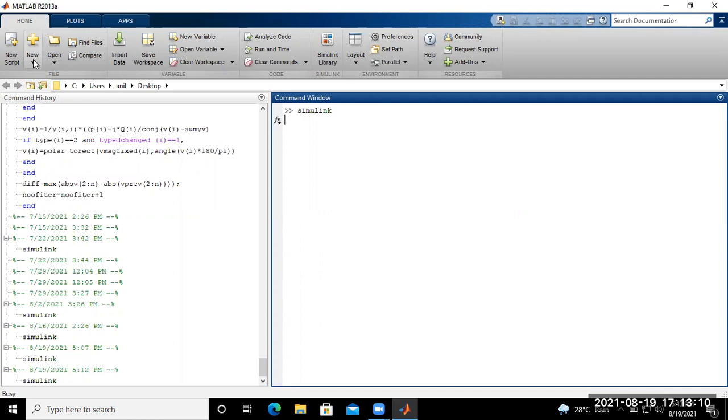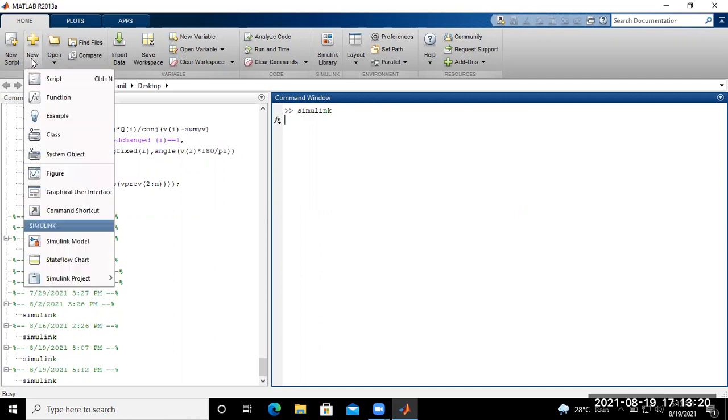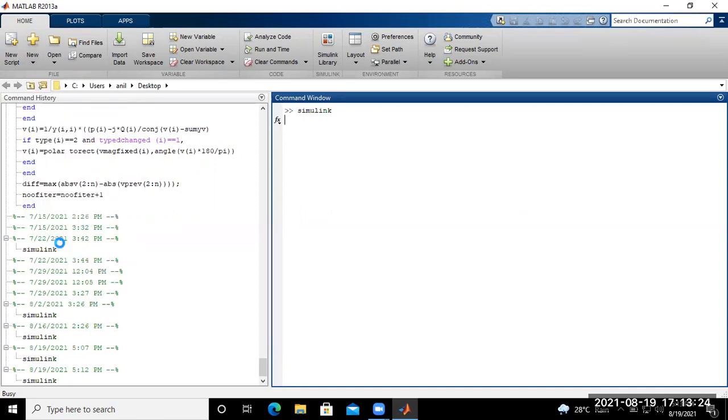MATLAB is actually working too slow. Just create here the space.